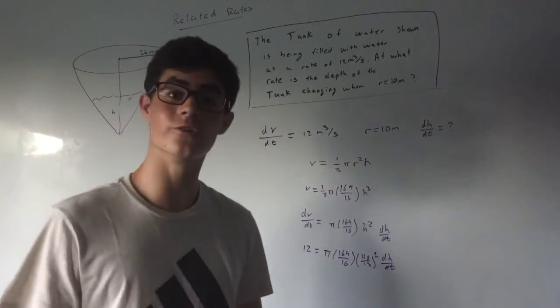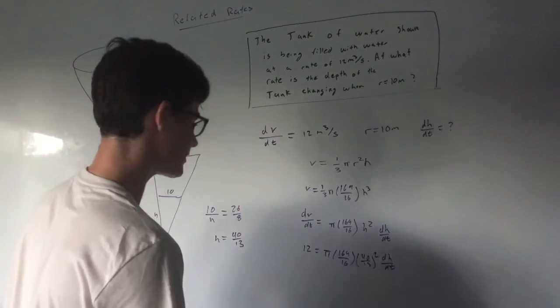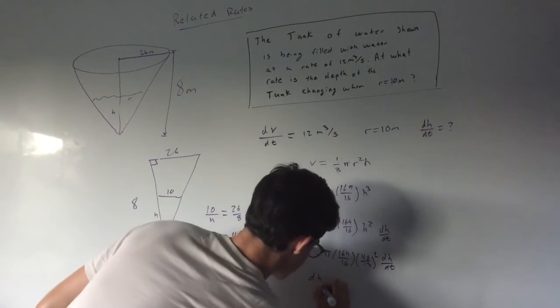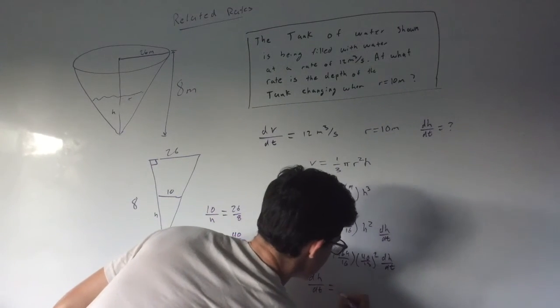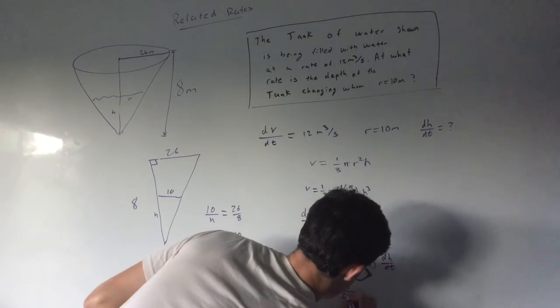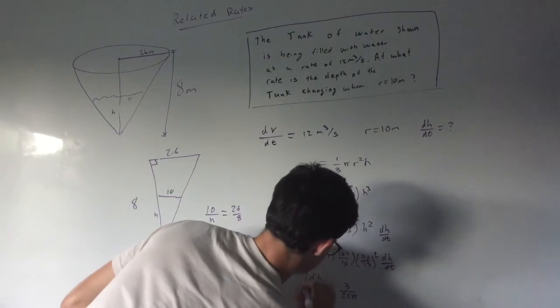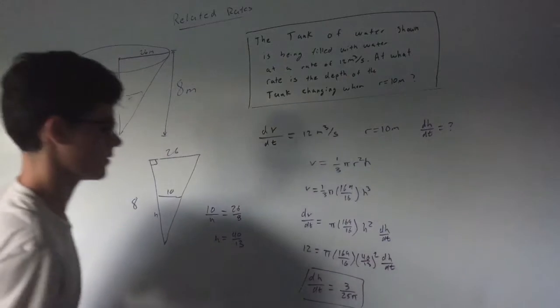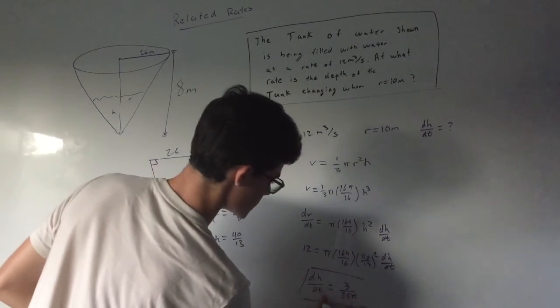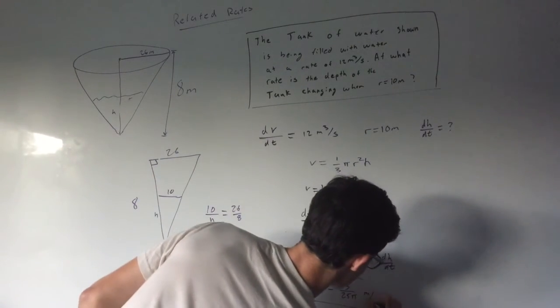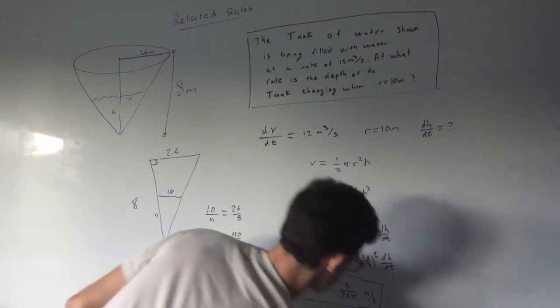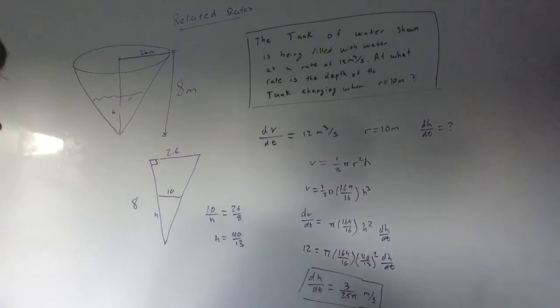But I will spare you and me the troubles of plugging this into our calculator and just give the answer. And also always include the units. And there we have our answer.